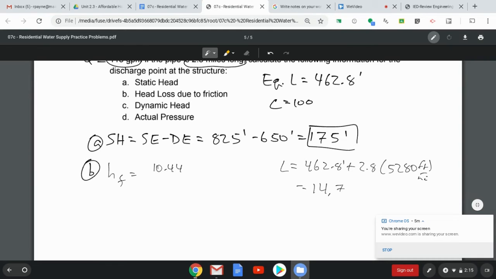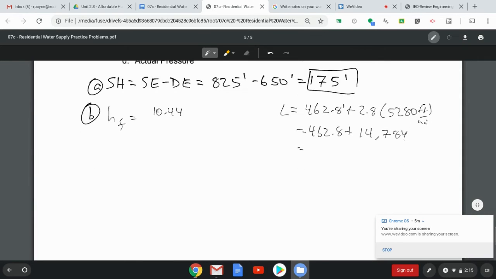Let's double check that. So we have 462.8 plus 14,784, which means L is a total of 15,246.8 feet.